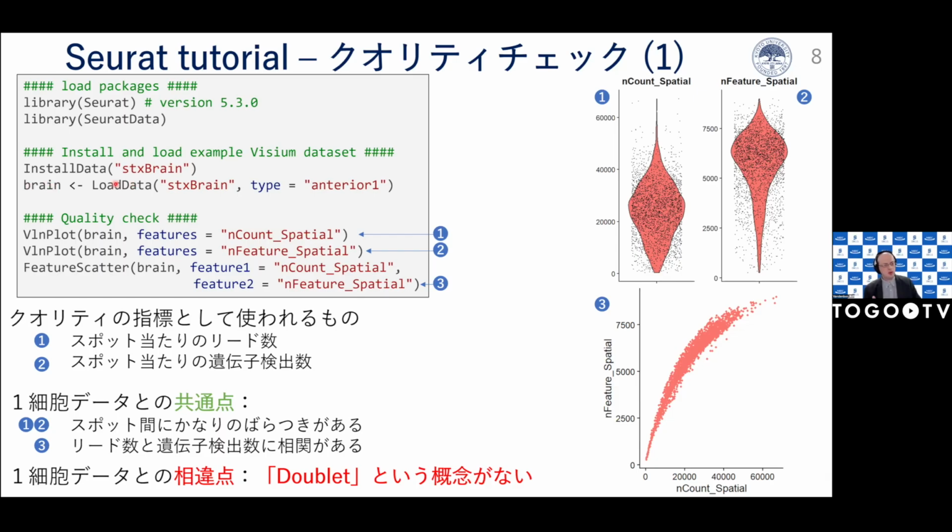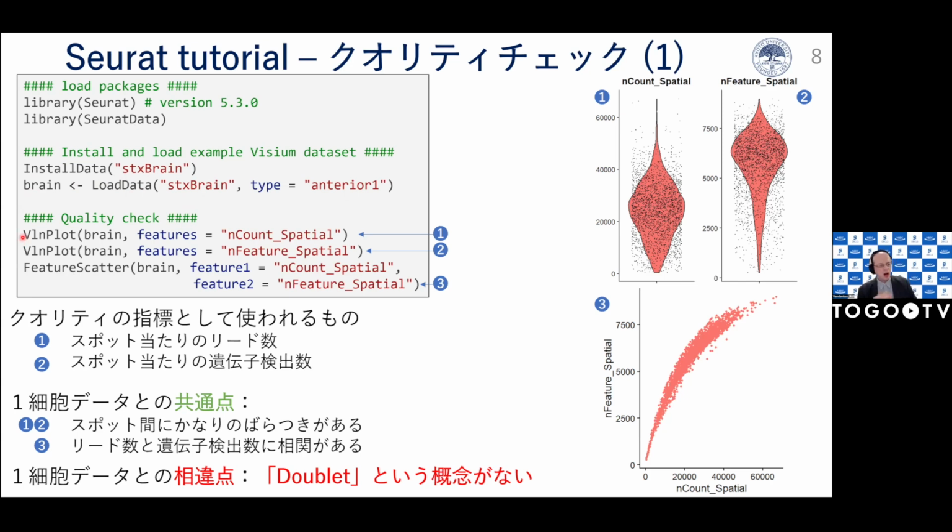And then from that brain data set, I want to load the sample called anterior1. So it's the frontal part of a mouse brain. And I put this into the brain object. So here I'm reading in this data using the SeuratData package, which makes it relatively easy.